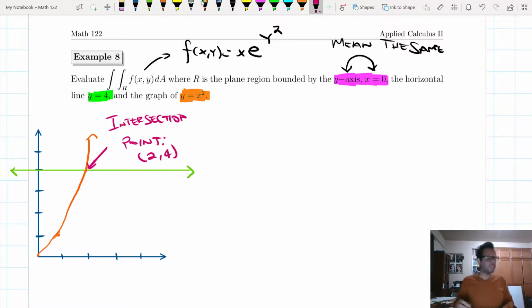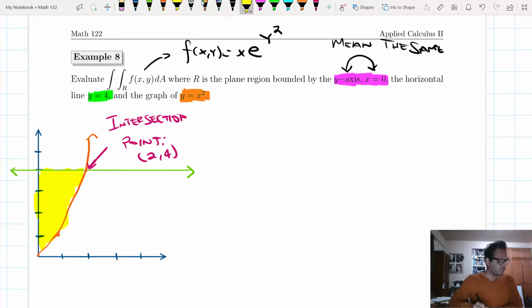All right. What else? Notice in this case, we're looking to find the area inside this, the one that I'm highlighting. Well, not the area: we're going to evaluate the double integral over that region that I just highlighted.